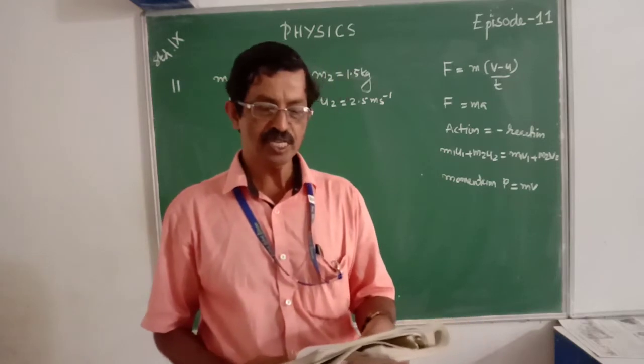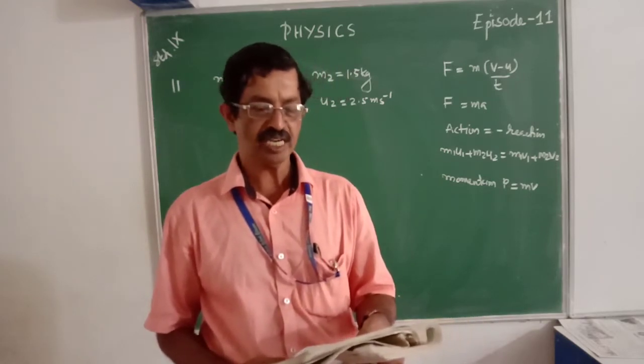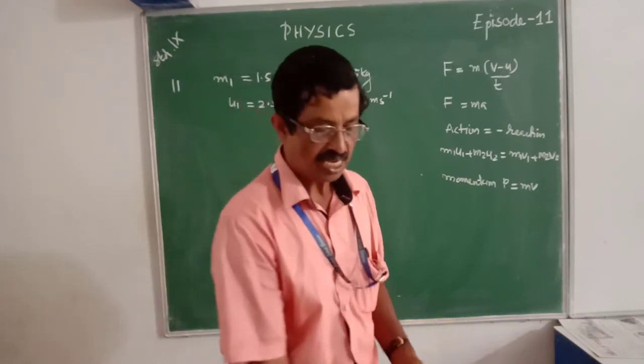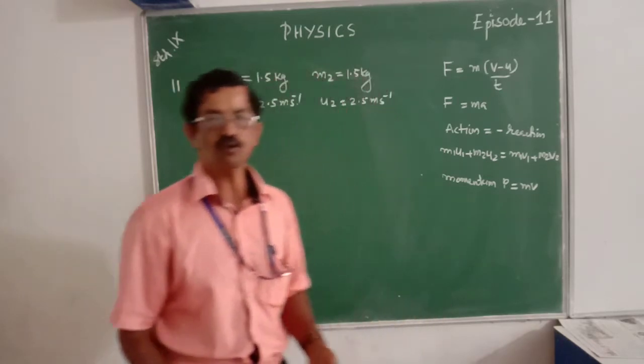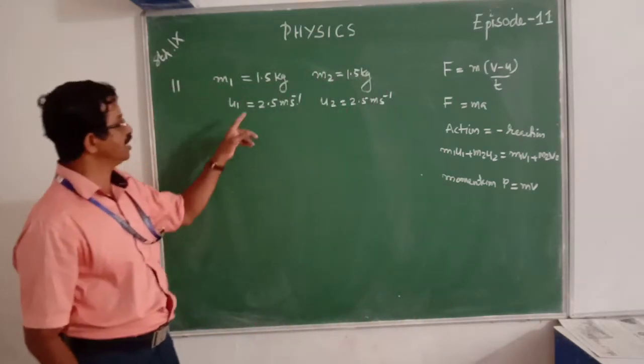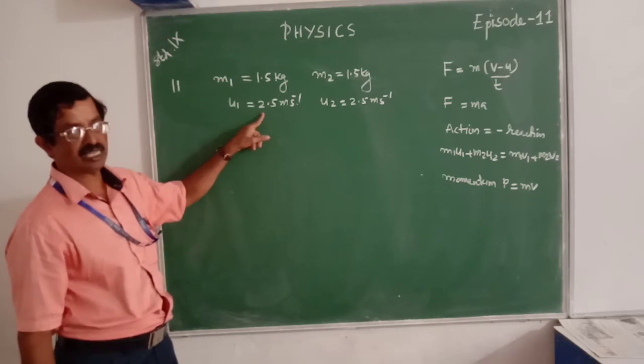What will be the velocity of the combined object after collision? See, after these two collide, what will be their velocity?